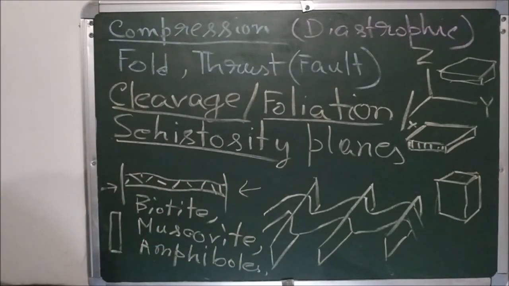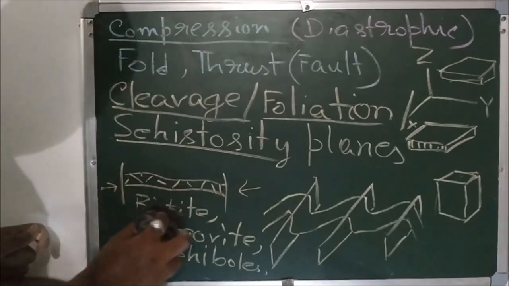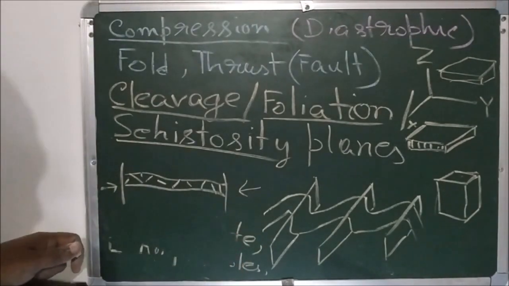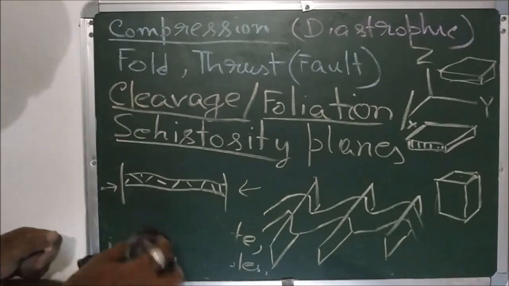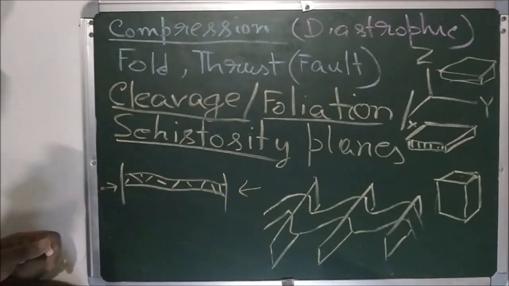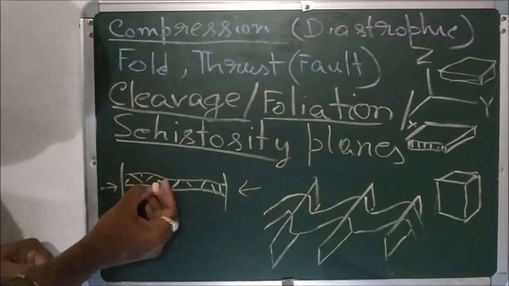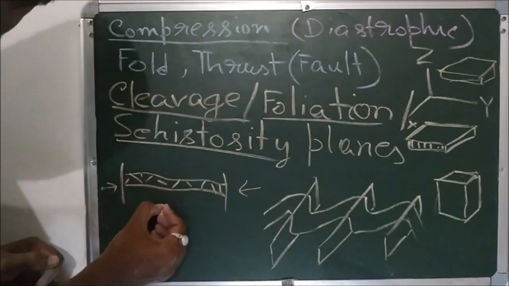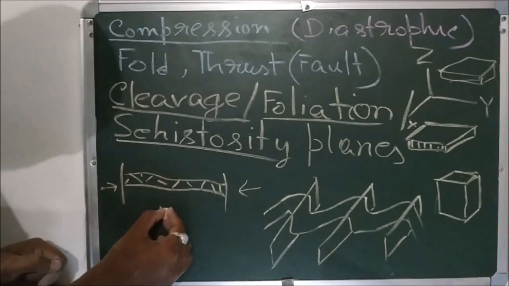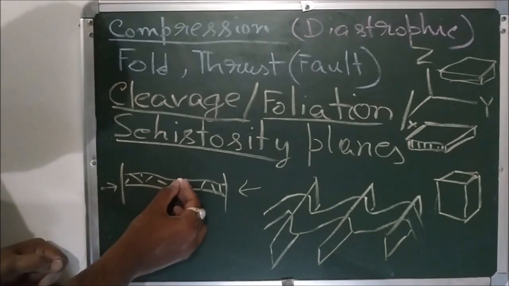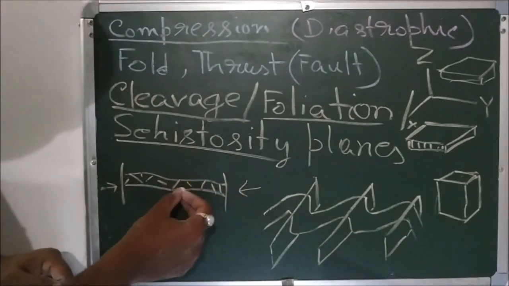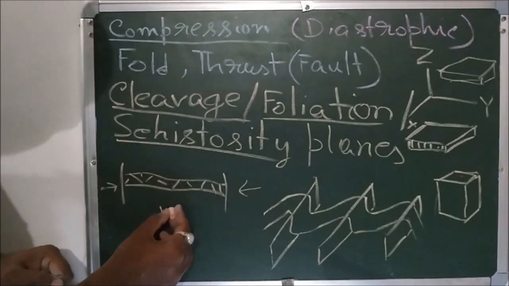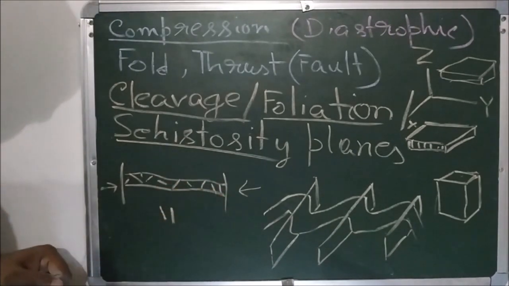In response to compression, suppose this biotite, if you compress it, it will turn to this. This one is already oriented to the compression axis at a high angle, so it will form this.